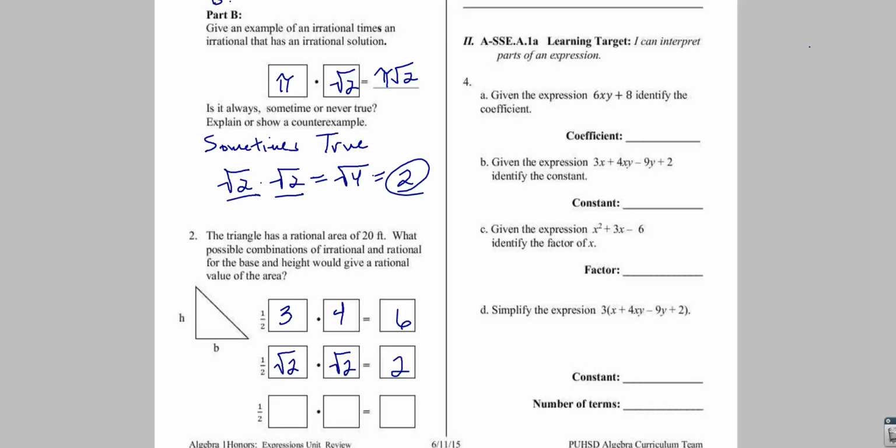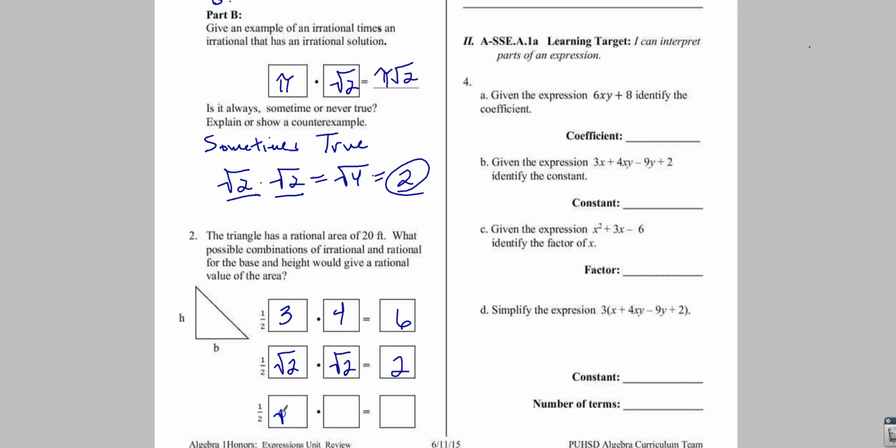We could have all irrationals, which gives me 2, which is still rational. And let's see, what else could we have? Could we have an example of a rational with an irrational? That's going to be no. But I could have some other irrational numbers.